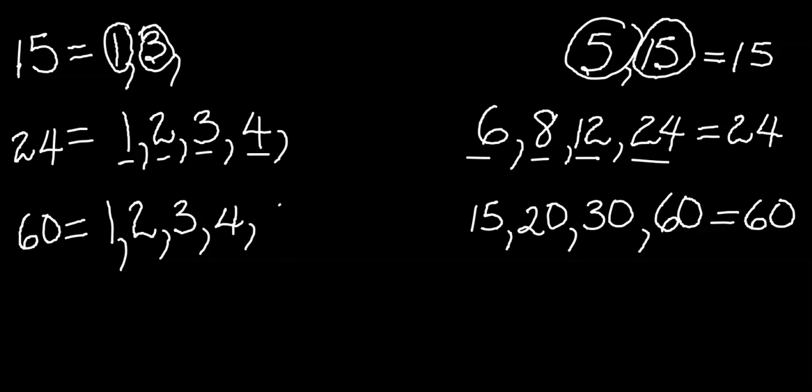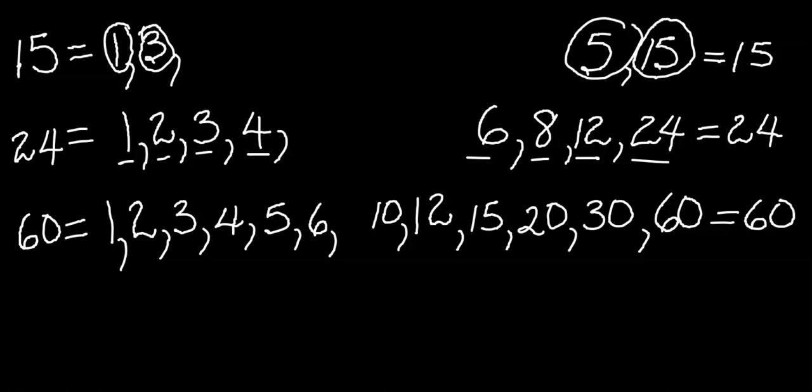5 goes into 60 as well, and 5 multiplied by what gives us 60? Yes, 5 times 12. 6 also goes into 60. And of course, 6 goes with 10. 6 times 10 gives us 60. 7, if you try to divide 7 into 60, you're going to get a remainder.